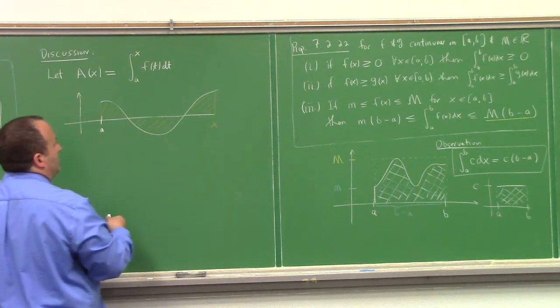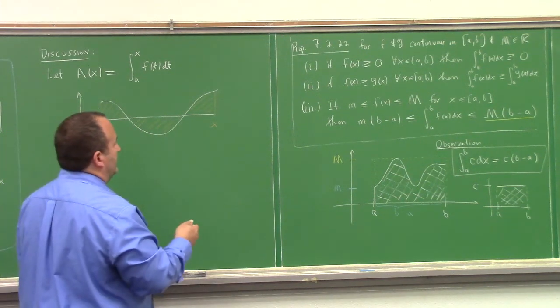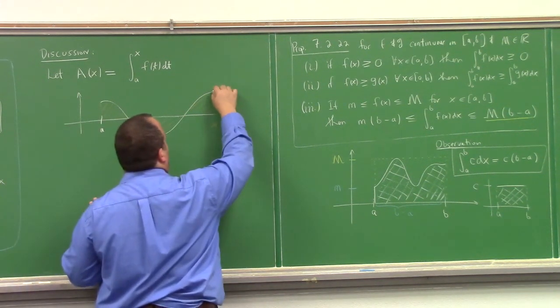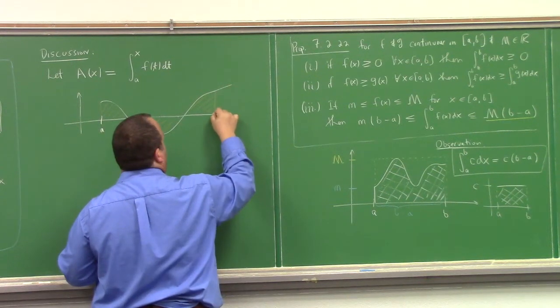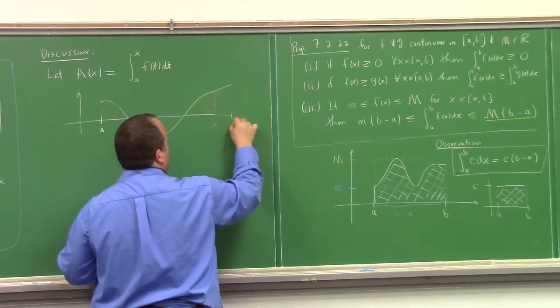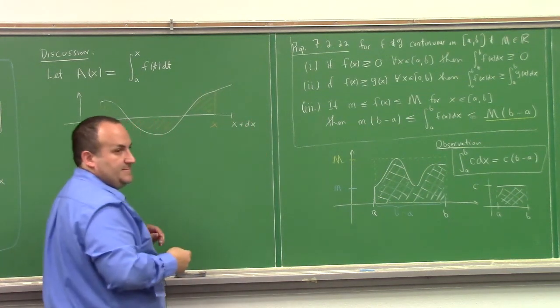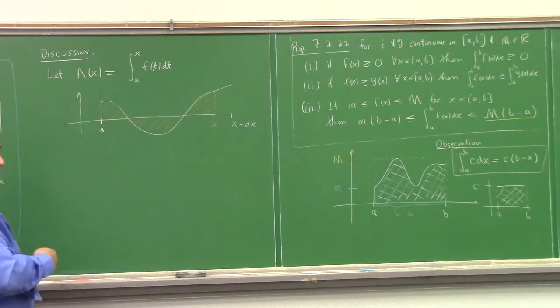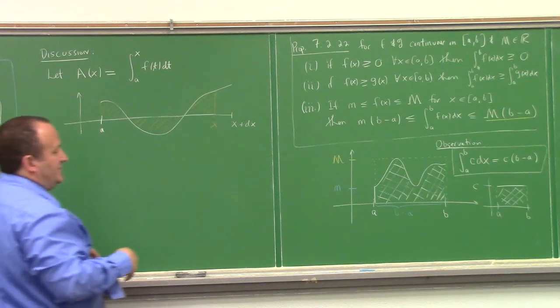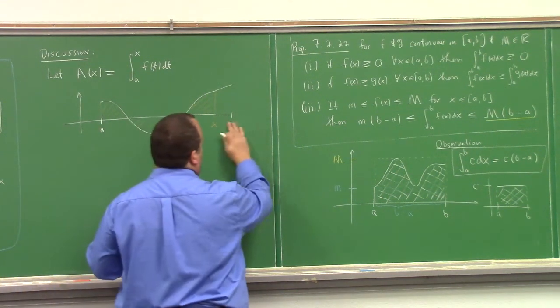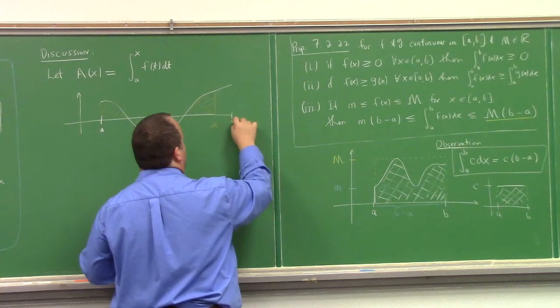Let me take my picture here and keep going a little bit. Say I go from x to x plus dx. If I go just a little bit further, or if you want, I could use a delta. I'll use dx, x plus dx.